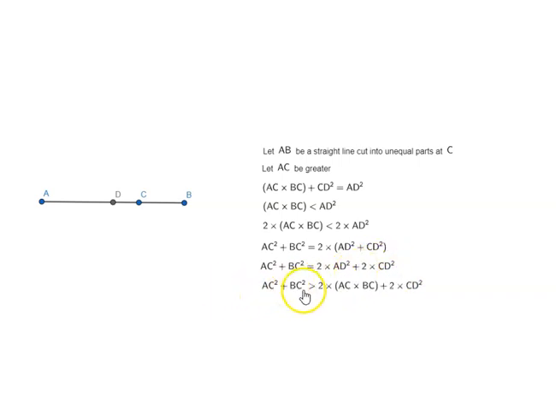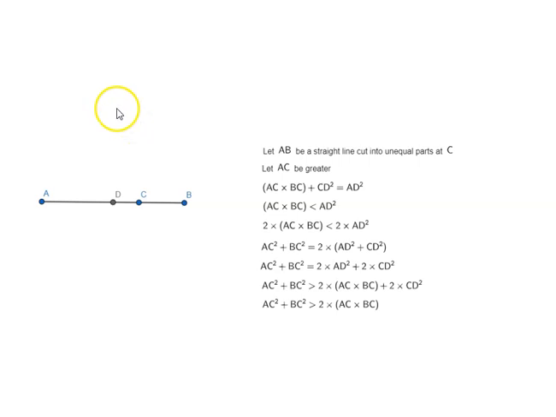So AC square plus BC square is greater than 2 times AC by BC plus 2 times CD square. And finally, if I remove this 2 times CD square, AC square plus BC square becomes much greater than 2 times AC by BC. A little bit tricky here, but think over it and you will see the logic. So that was the lemma.